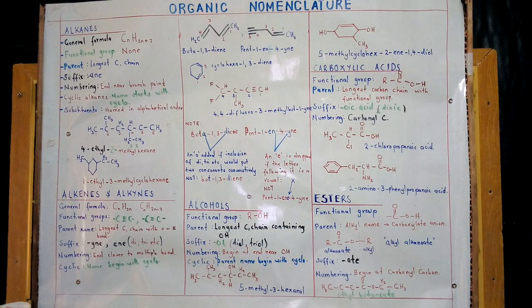In that case, we shall start with the first one. That's the first class of organic compounds that we call alkenes. Alkenes, as we have said in some of our videos, are saturated compounds, which means the carbon-hydrogen bonding which appears in their molecules is full.